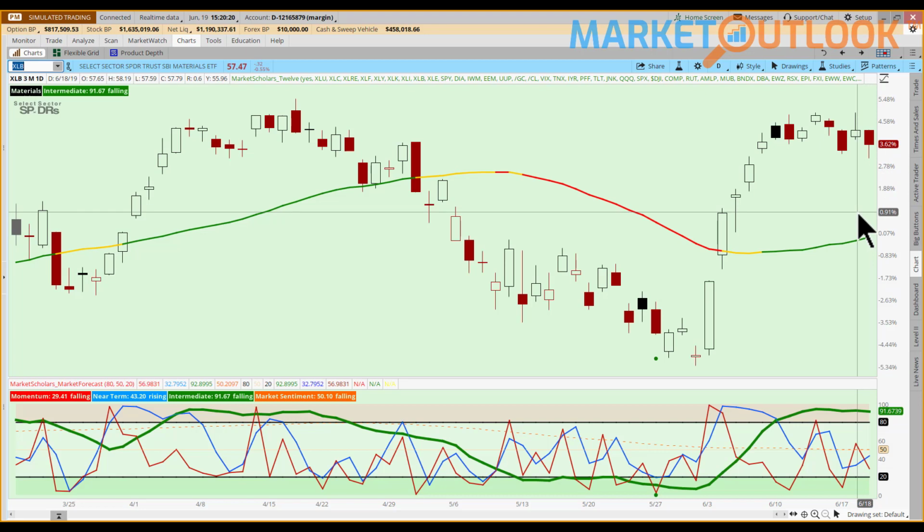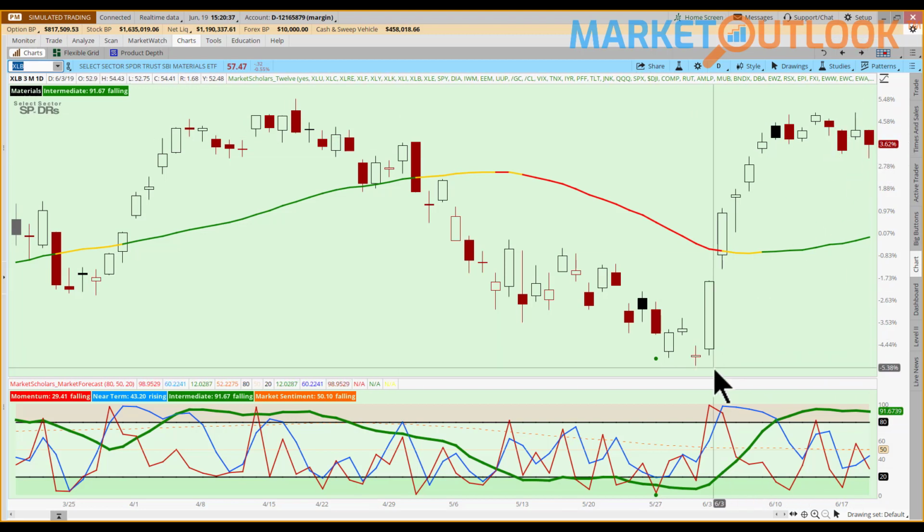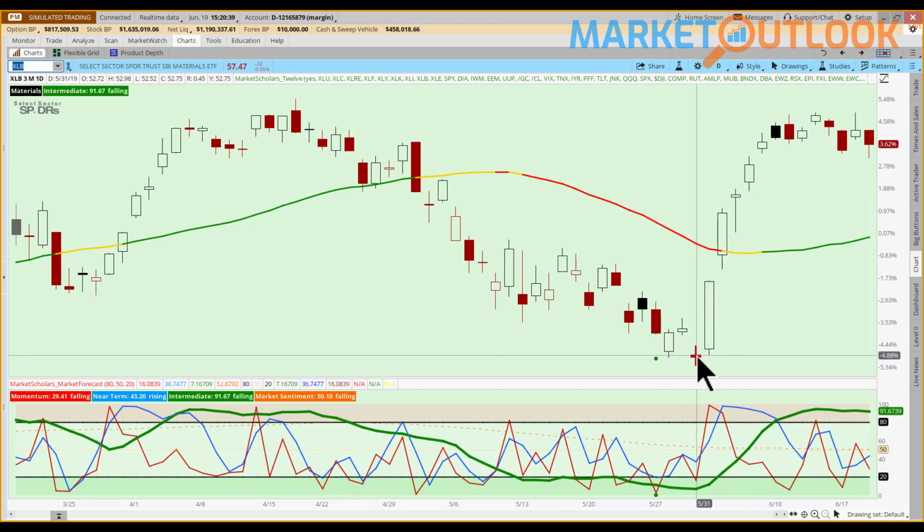Now we would need a follow-up day to confirm it, and ideally you'd like the body of that candle to be a little bit smaller than the way that this one is, but you do have that long lower shadow there, and those hanging man candles generally happen up here at a resistance area. Remember, if this shape of a candle happened down here at support, that would be known as a hammer. That would actually be known as a bullish type of a setup.